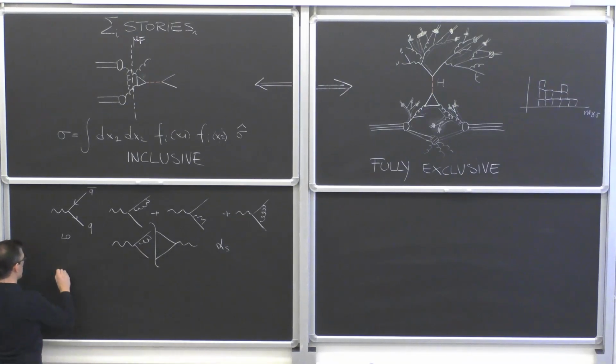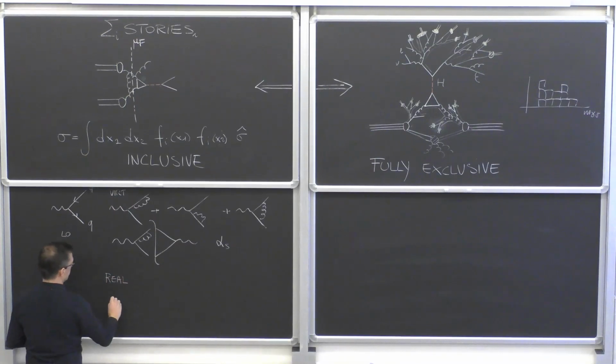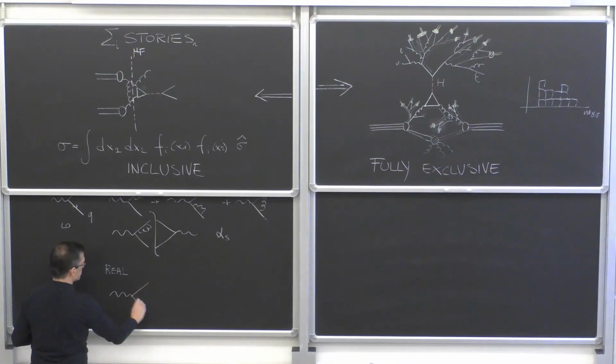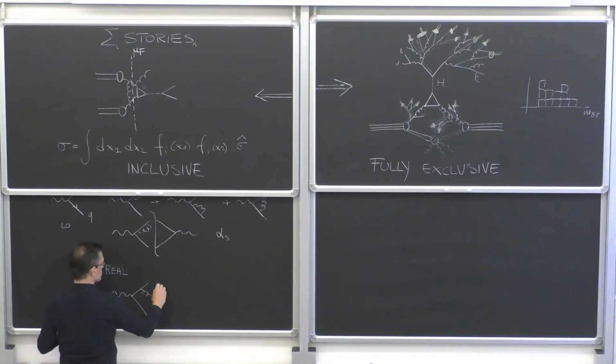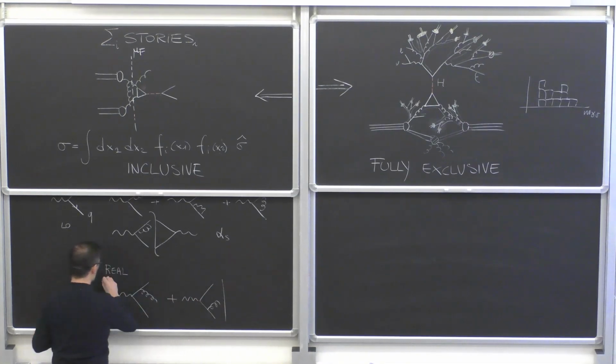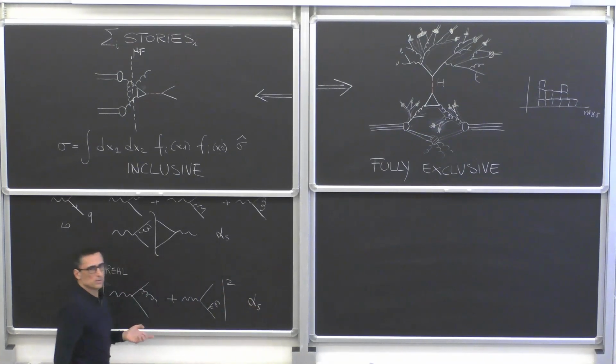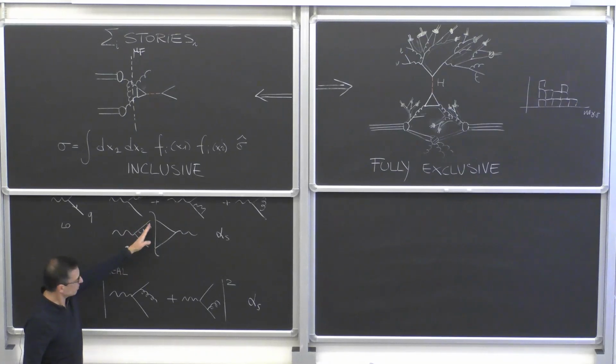These are the virtuals. And then I have real corrections, and real corrections are squared with themselves. There are two diagrams which are summed and squared. And this is also order alpha s, because it's only one side.